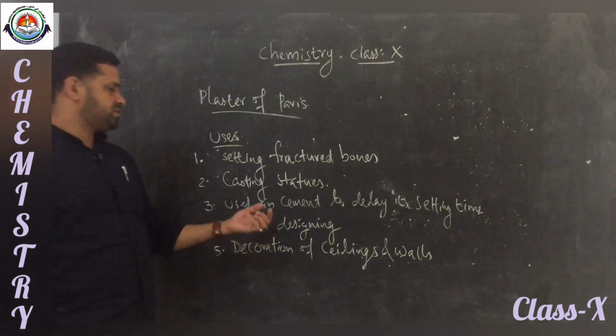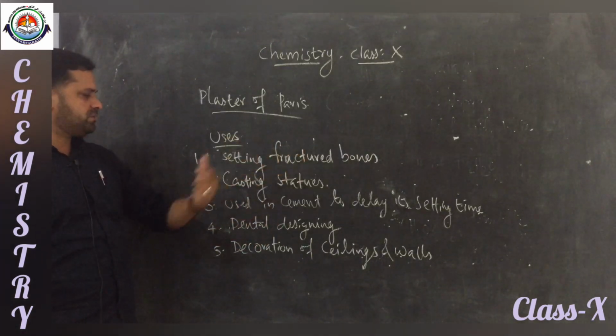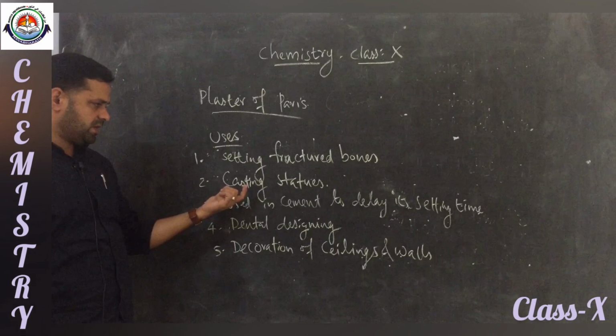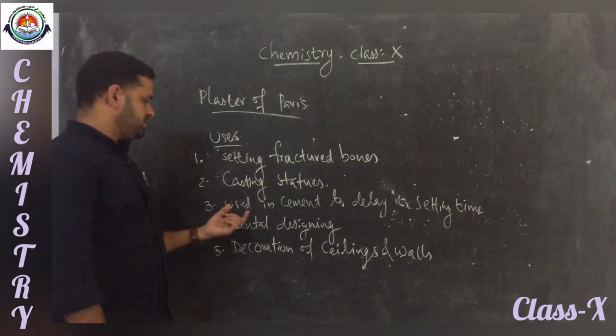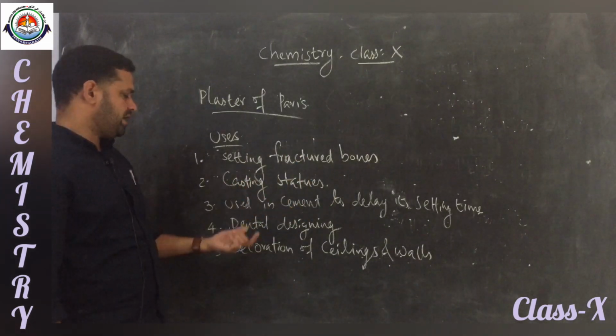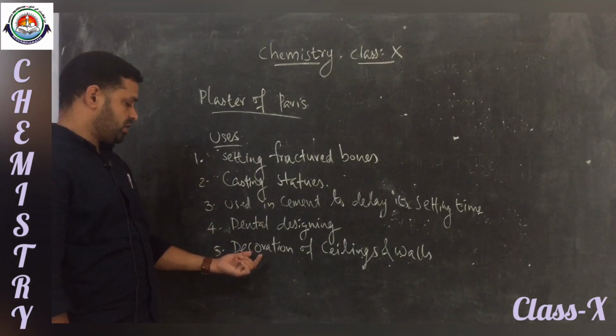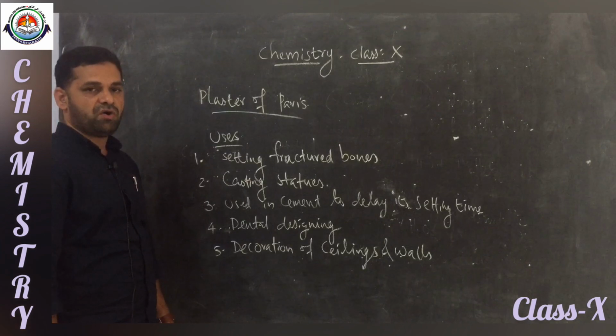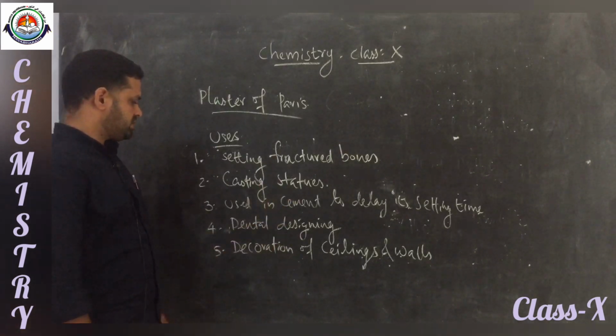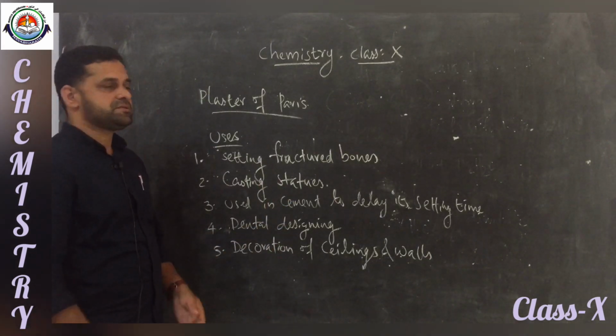So there are many uses. It is used for setting fractured bones. It is used for casting statues, and in cement to delay its setting time. Then dental designing. Then it is used in the decoration of ceilings and walls. So these are some of the uses of plaster of Paris.